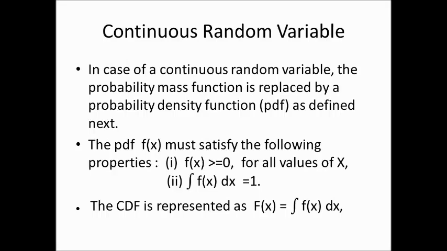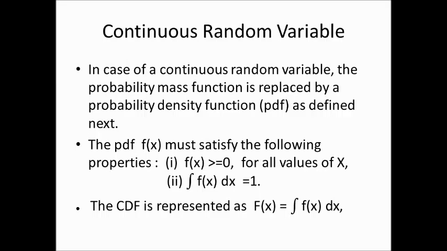Again, f of x should return a value greater or equal to 0 for all values of x, and the area under the density function between the lower and upper bound of the random variable should always be equal to 1.